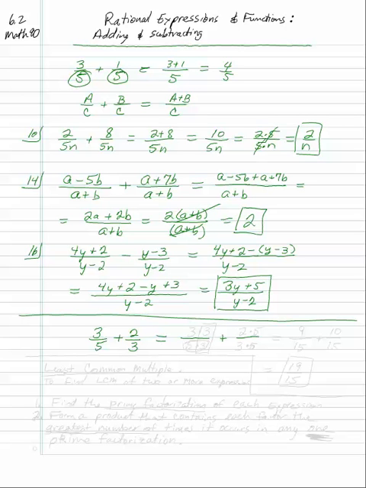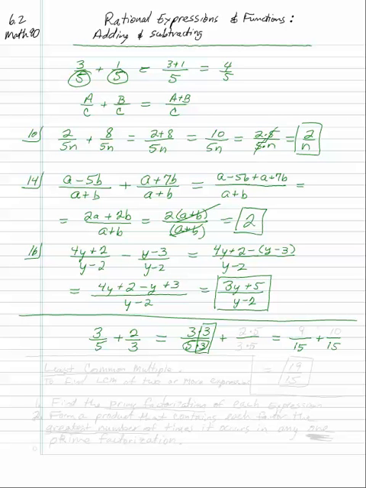The way I do it is, the LCD is going to be 15. So 5 times what is 15? I'm looking at the denominator here. 5 times 3 is 15, and then you've got to put in your factor. You can't change the number, so you've got to make this the same.